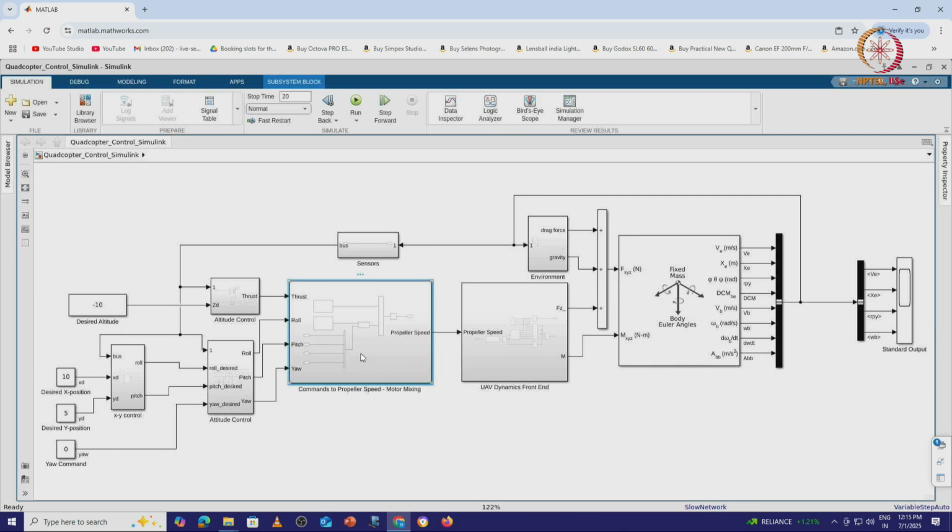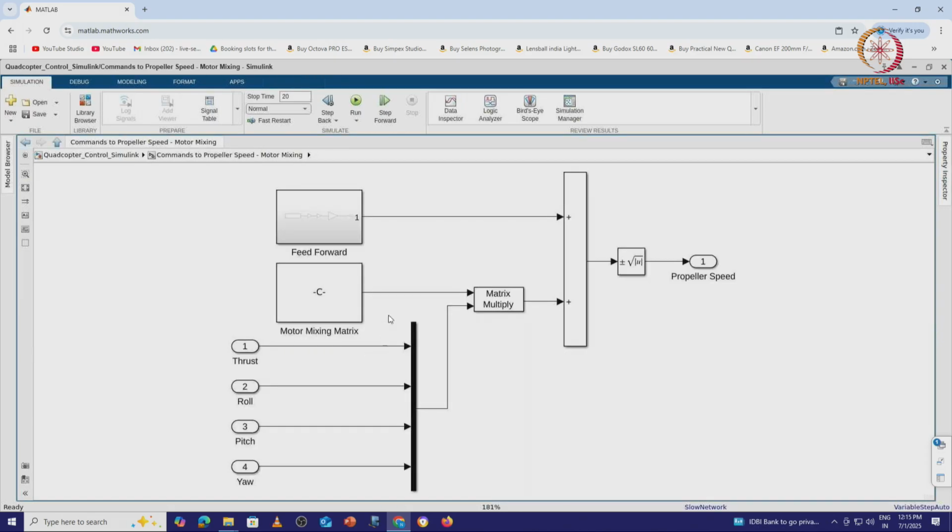Then I have a motor control system which takes the thrust, roll, pitch, and yaw as an input, and then you have the mixing matrix. If you want, I can just show you. This is my feed forward path, this is my mixing matrix, these are U1, U2, U3, U4.